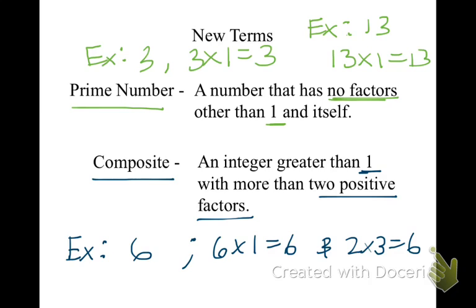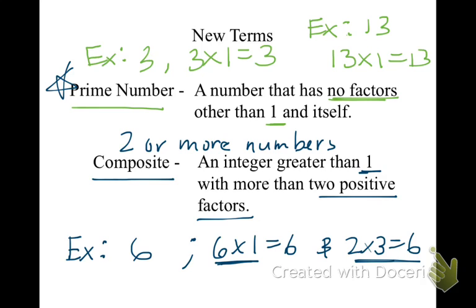So I have more than two positive factors. Basically a composite, we need two or more numbers in order to get a composite. So in your notes, prime number and composite.